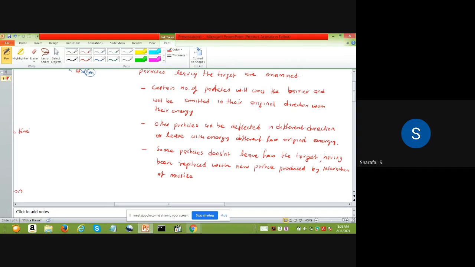The particles which are fired at the target are the missile particles. So these missile particles and the target particle interact.